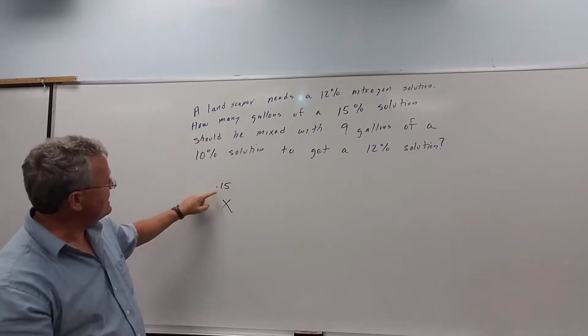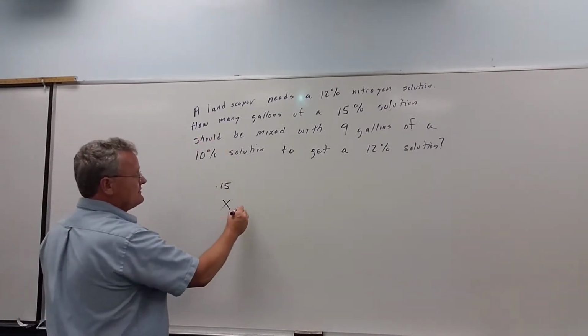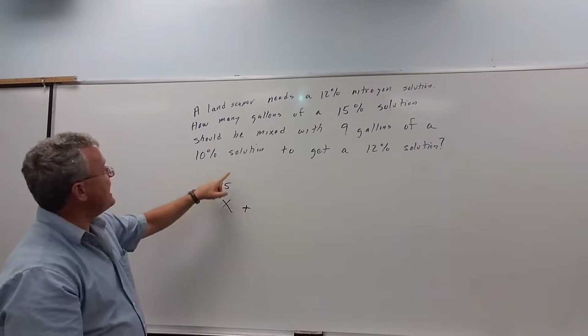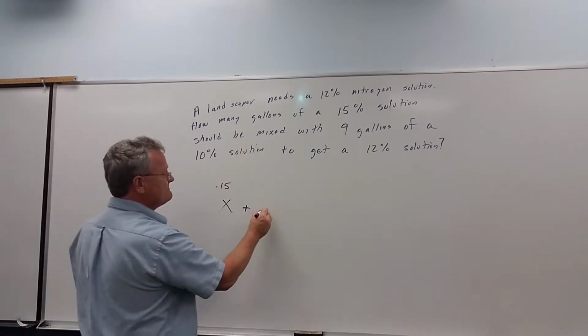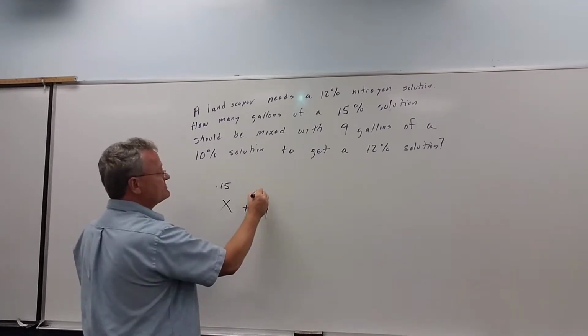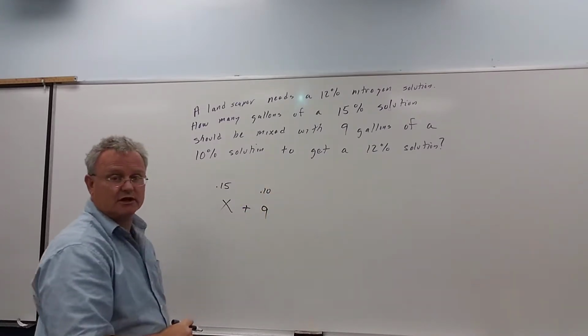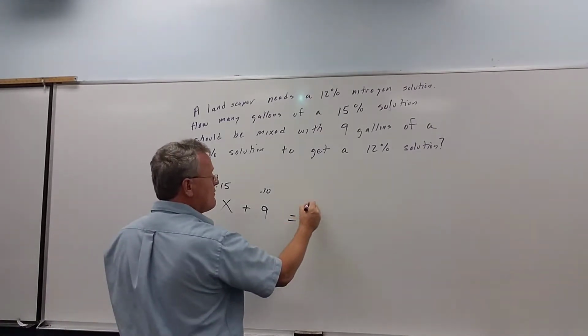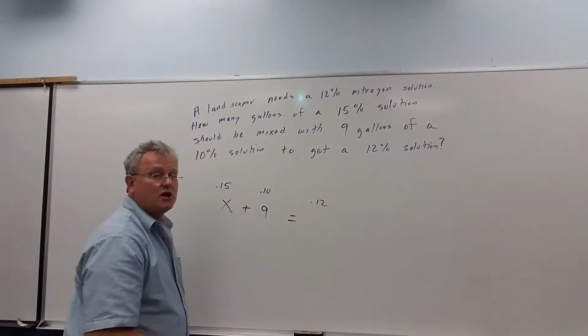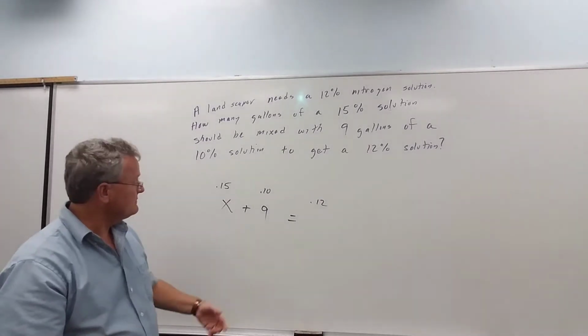So how many gallons of the 15% needs to be added to 9 gallons of a 10%? Up here, I'm just going to keep track of the percentage to get a 12%. Well, over here, the end result needs to be 12%.